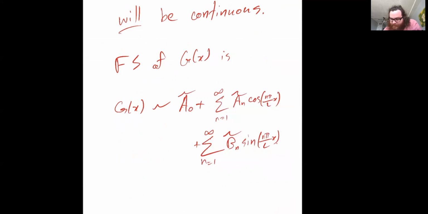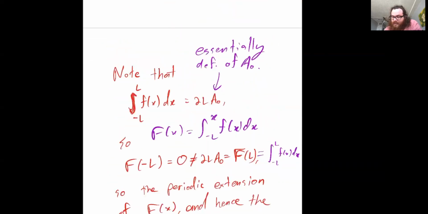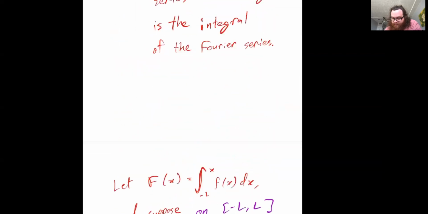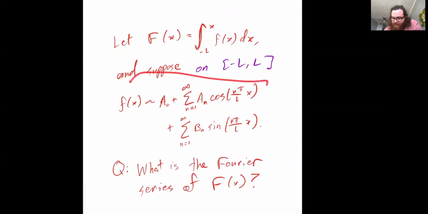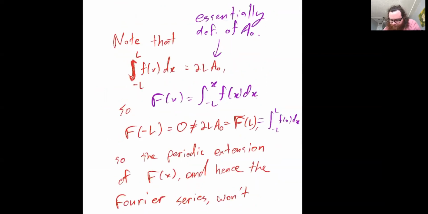Our goal will be, how do a sub 0 tilde, a sub n tilde, and b sub n tilde relate to the coefficients of f of x, the non-integrated version, which are just a0, a sub n, b sub n? The way that we're going to answer that question is just to compute these things.